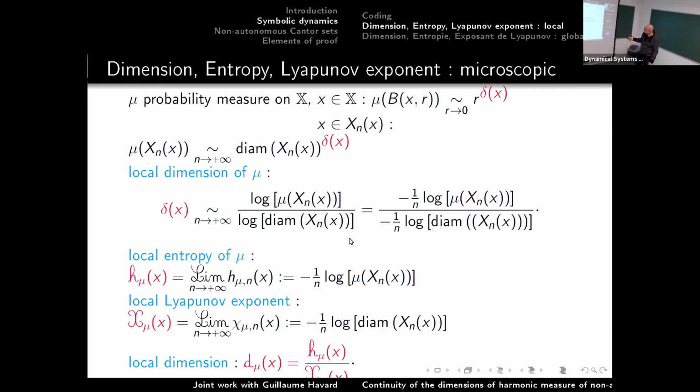So suppose that this is close for two measures, mu and mu tilde. Can you conclude that the dimensions are close?